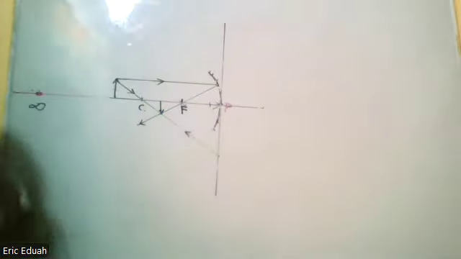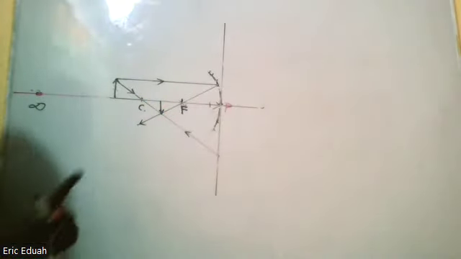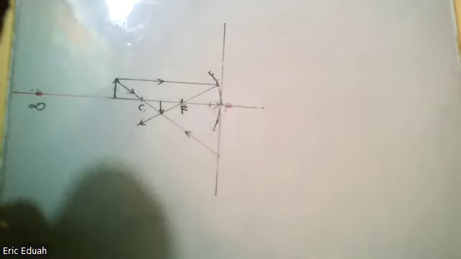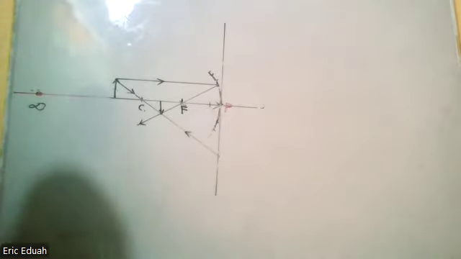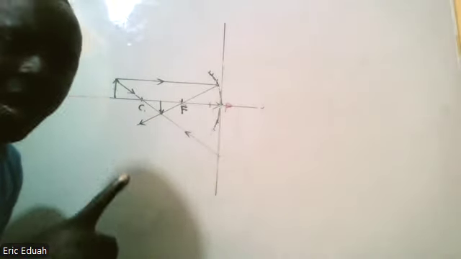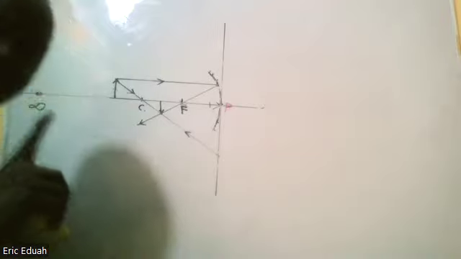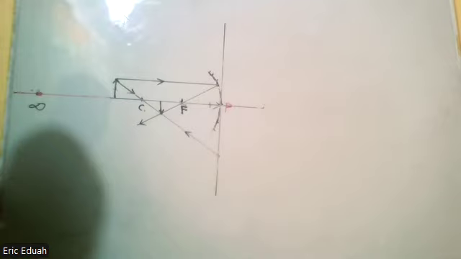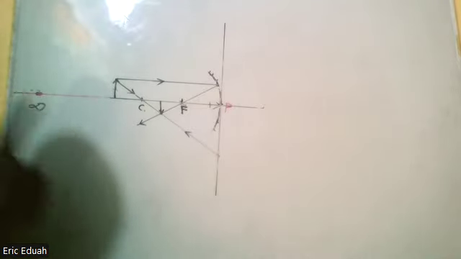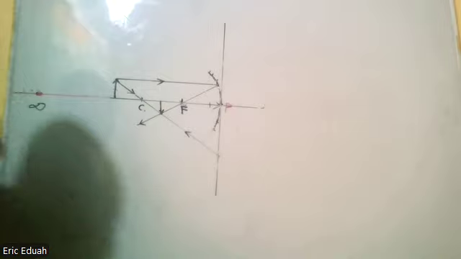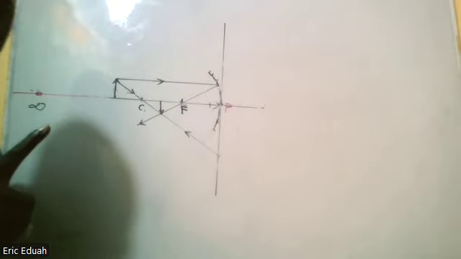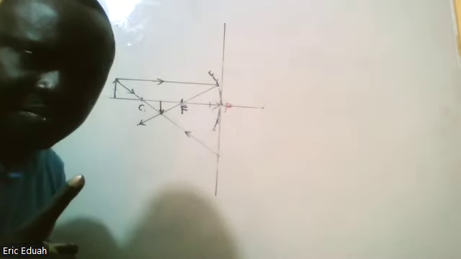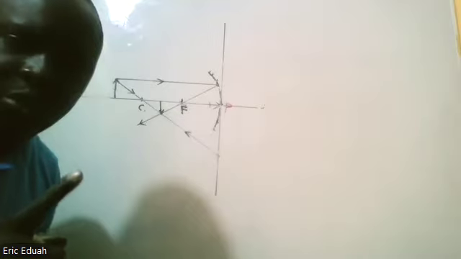So these different positions must be at your fingertips. From the discussion, we realize that there is only one position of object where a virtual image can be formed by a concave mirror. And what is that position?